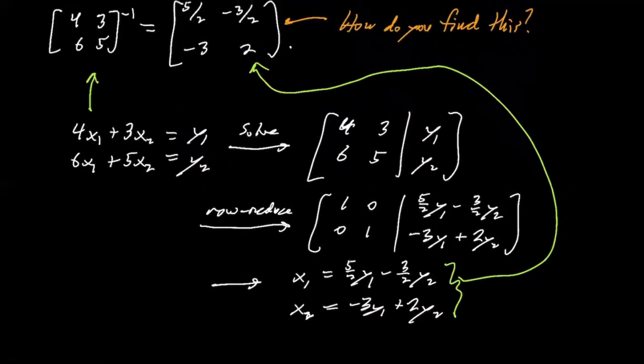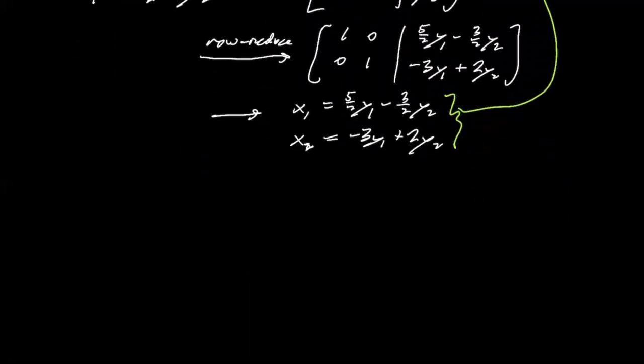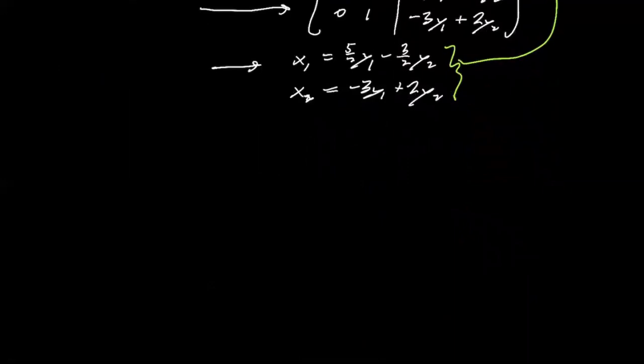Okay, and so it actually means we can do this in general because we kind of already did the general 2x2 system, right? So what is the inverse of the matrix [a, b; c, d]?